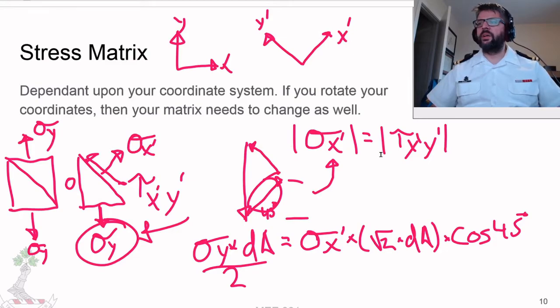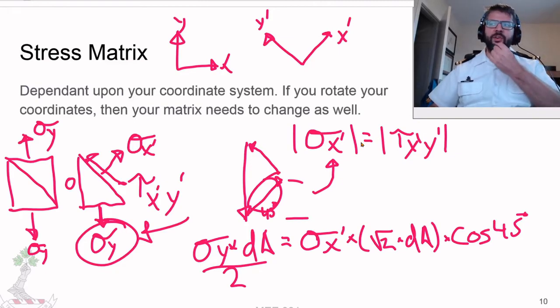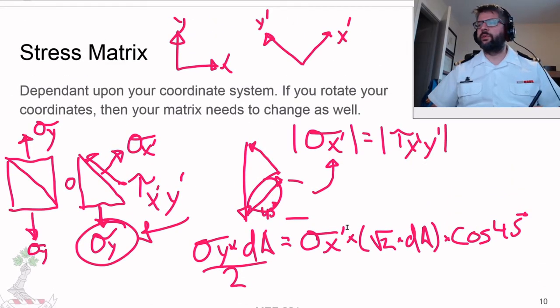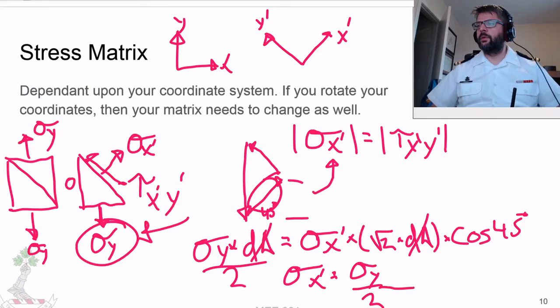In order to get the y component of that, we multiply by the cosine of 45. So if we want to solve for our sigma x prime in terms of the sigma y, it's relatively simple. We'll cancel out our dA's here. So that gives us sigma x prime is going to be equal to sigma y divided by 2 times the square root of 2 times cos 45.